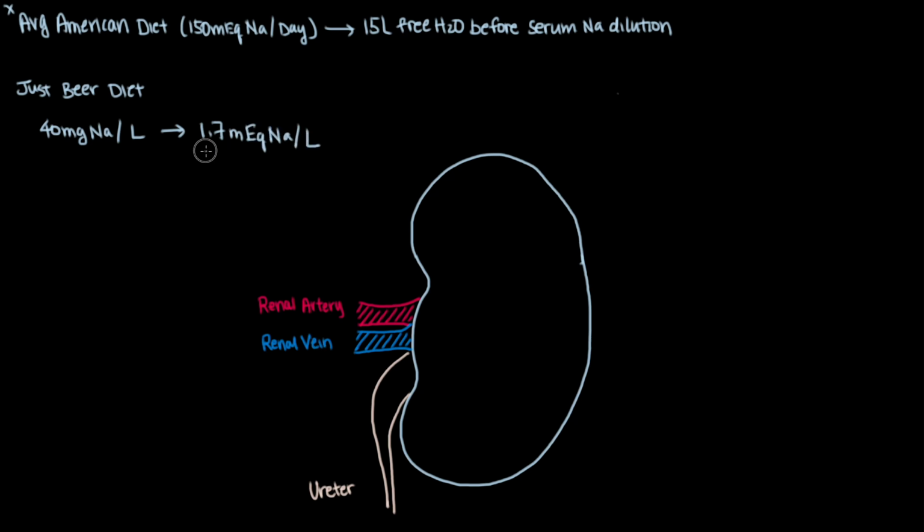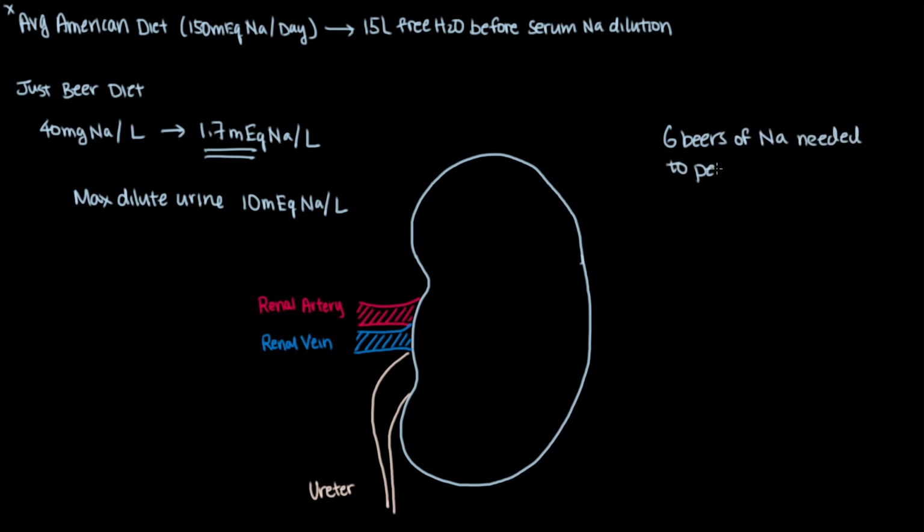Well, you can probably already see the problem here that you're consuming something that has more water per sodium than maximally dilute urine, which we said before was 10 milliequivalents per liter. We'd have to drink about 6 beers worth of sodium in order to get rid of 1 beer's worth of water. The remaining 5 beers worth of water is contributing to diluting your serum sodium concentration.